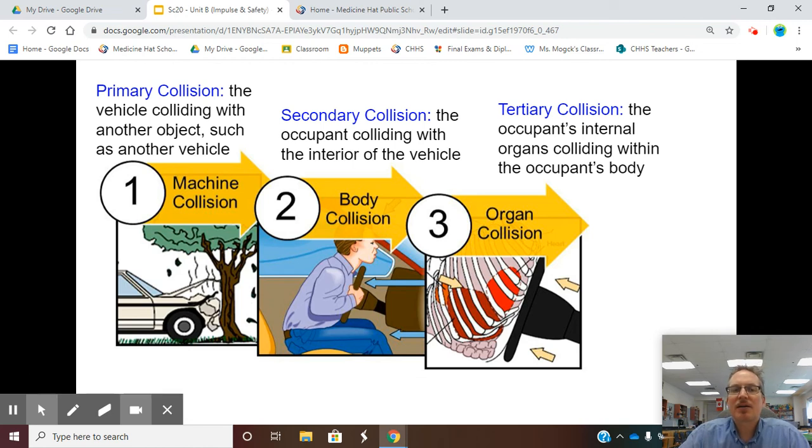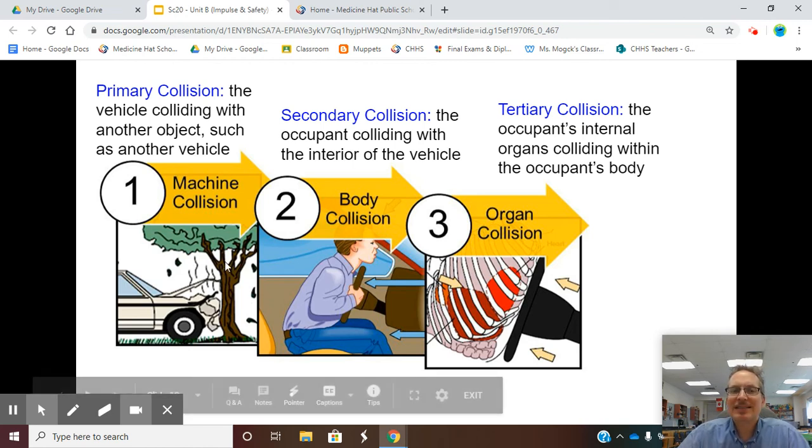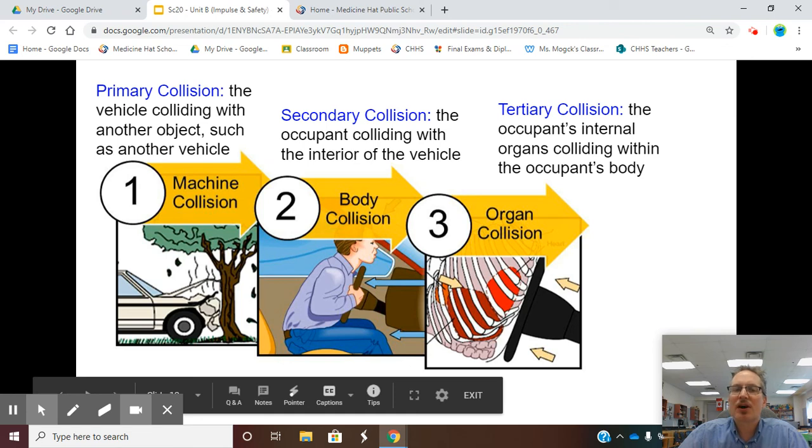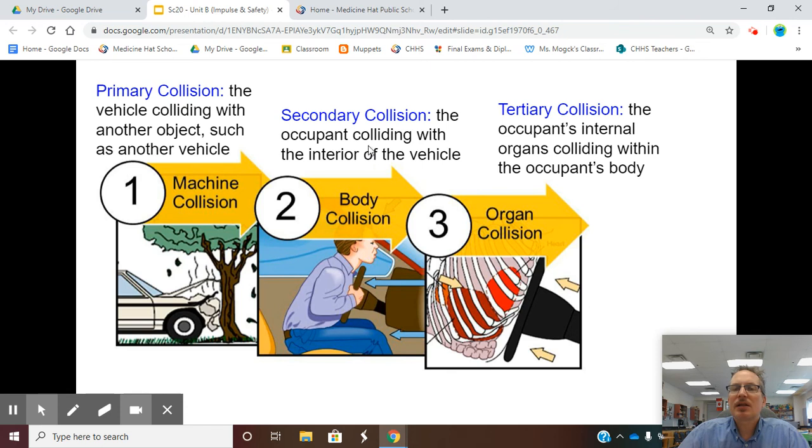Now, there are 3 types of collisions. When a vehicle collides with another object outside the vehicle, like a tree or another car, we call that a primary collision. When your body, the person driving or the passenger, hits interior parts of the vehicle, that is called a secondary collision. And when the internal organs of a person in the vehicle make contact with the outer shell of your body, like your ribs, that would be called a tertiary collision.